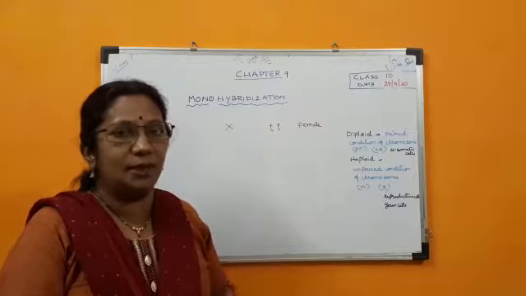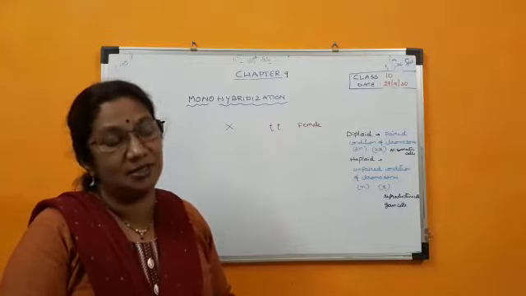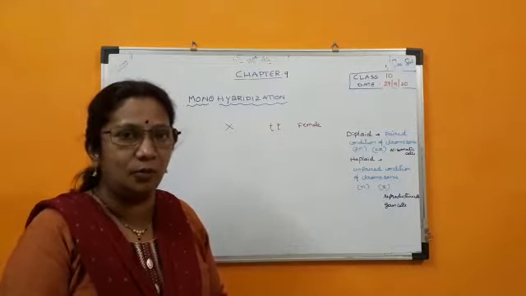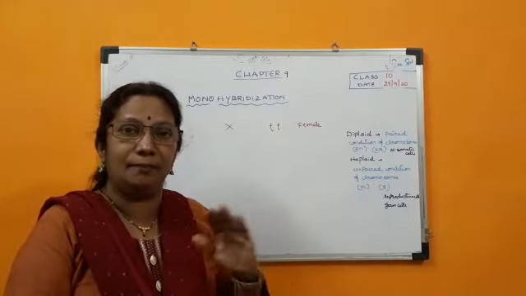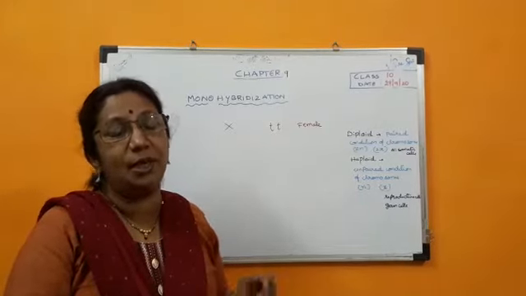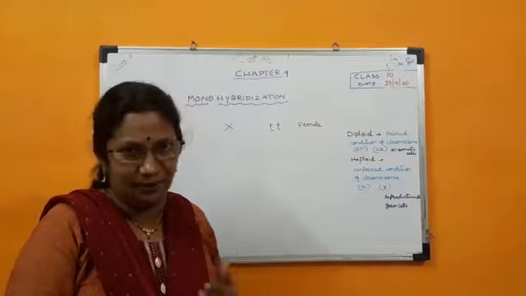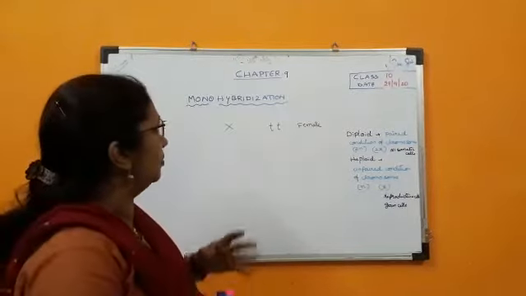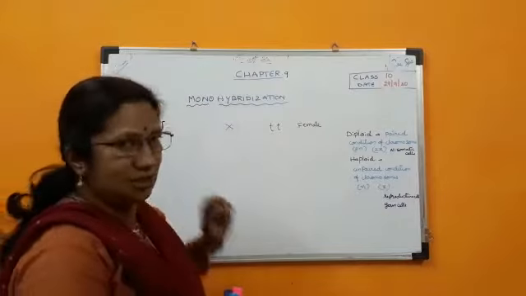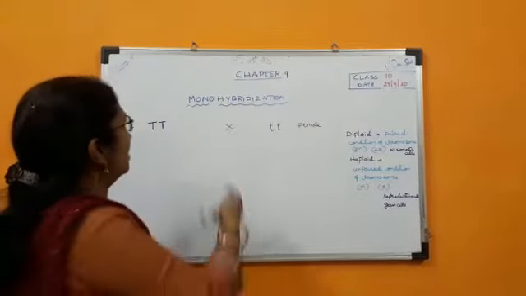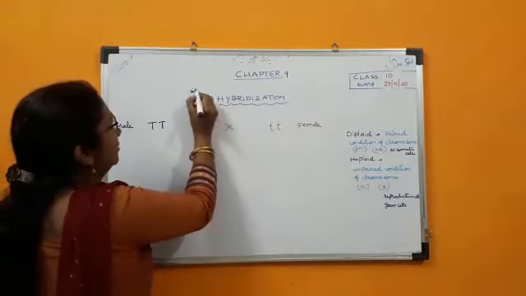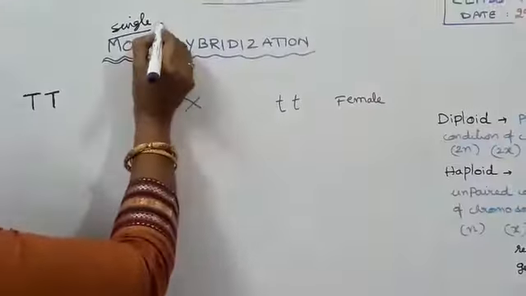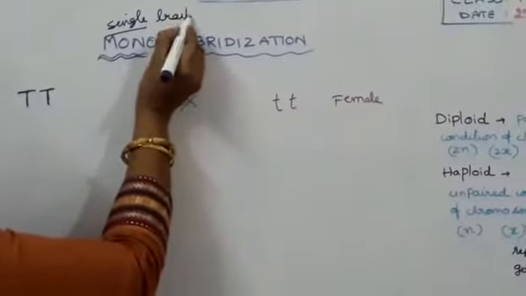In the previous online class we discussed how a bisexual plant can be made into a female plant or a male plant. Emasculation will be done, we discussed. In monohybridization, mono means single, only one trait if we consider.